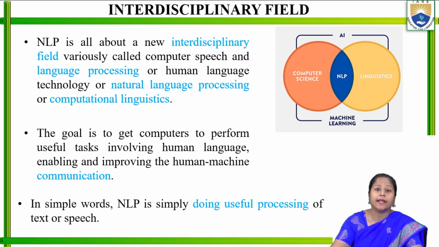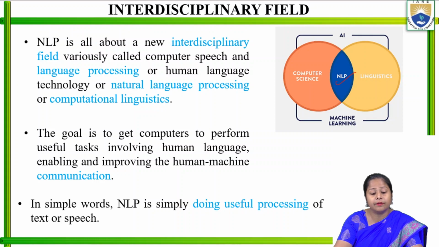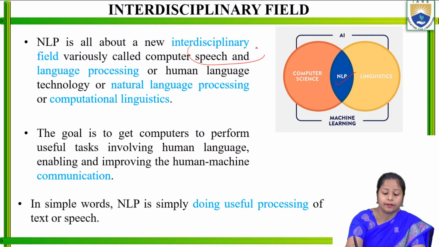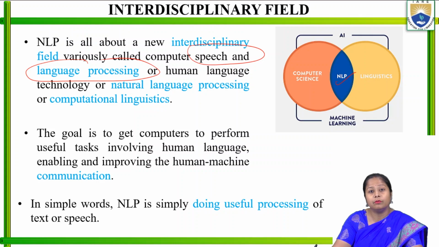Now, how is it called an interdisciplinary field? NLP is an interdisciplinary field, variously called computer speech and language processing, because the human language is translated here into natural language.